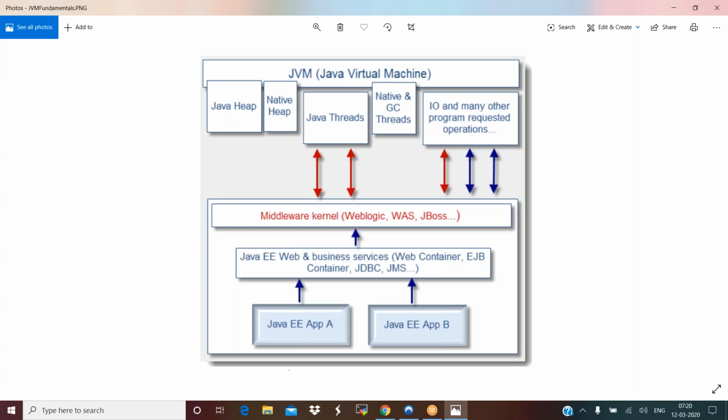Using this synchronization concept is not a best practice in Java coding, because if they use too many synchronized blocks on each and every thread, you will see very high response times.